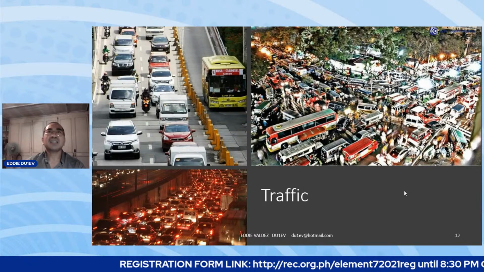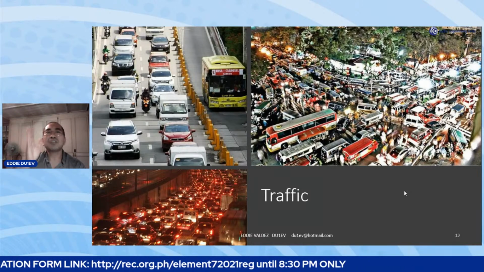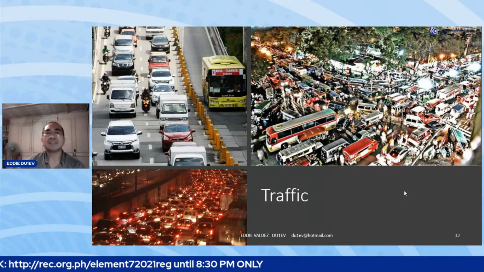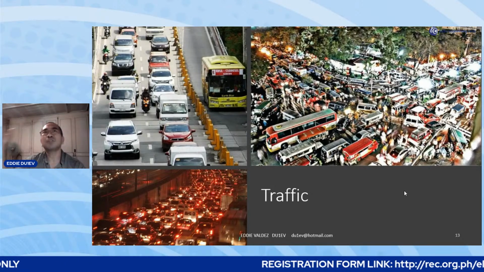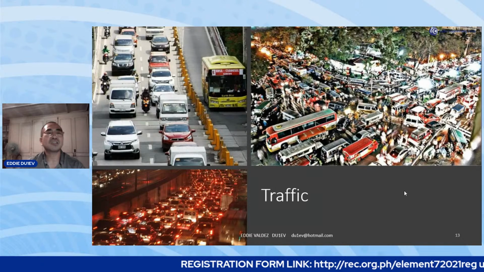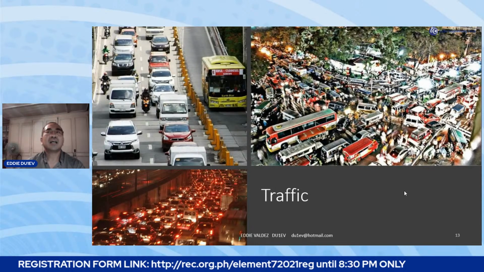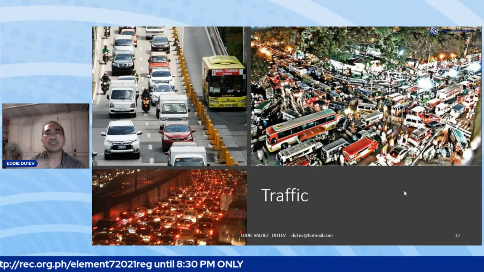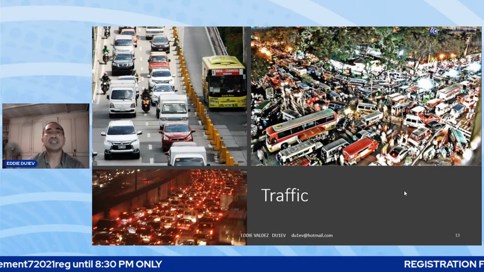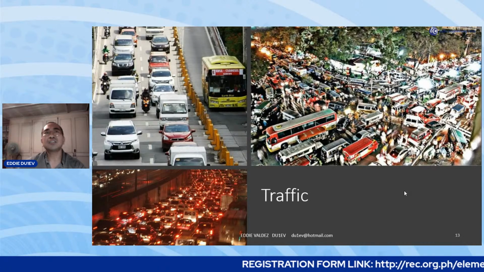And then, what particular portions of the band can you transmit on? Can you transmit in the whole of the spectrum of 10 meters, for example? Can you transmit a particular mode on a particular frequency? Kunyari, interesado ka sa digital mode.